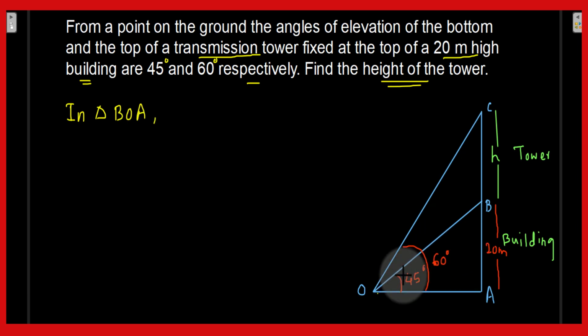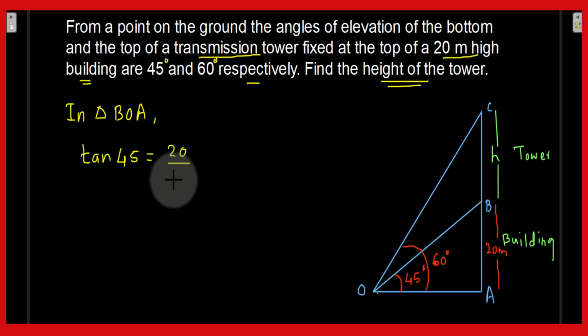tan 45 is equal to opposite upon adjacent. So the opposite side is 20 meters, that is the height of the building, and the adjacent side is OA, which we do not know. So tan 45, which is equal to the opposite side 20 upon the adjacent side OA.